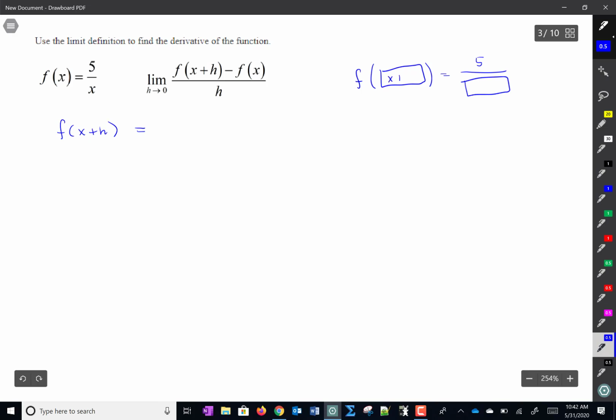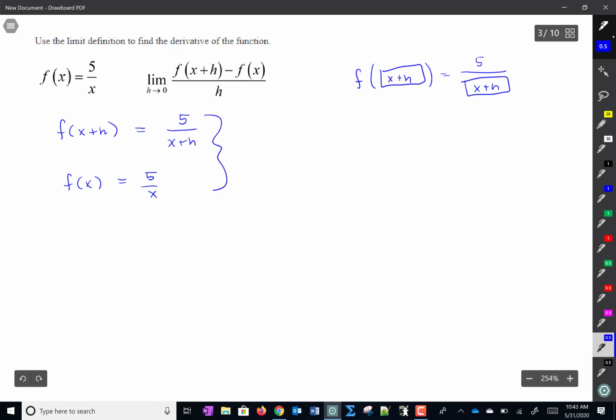And if I put x plus h inside those parentheses, then automatically x plus h shows up everywhere there was an x in the original function. So f of x plus h is 5 over x plus h. F of x is, of course, just 5 over x.